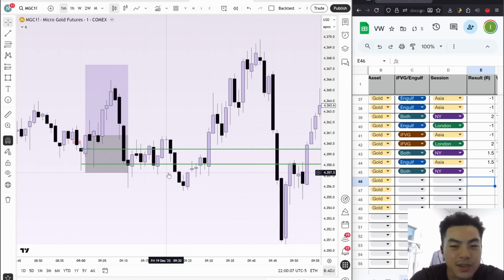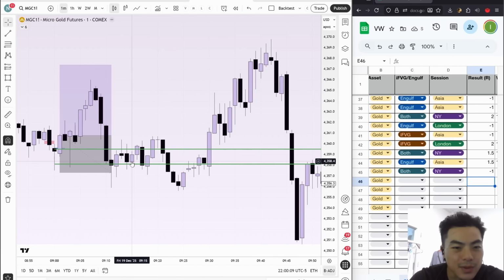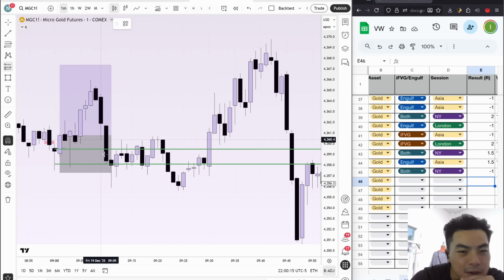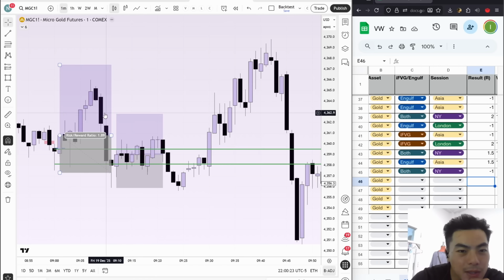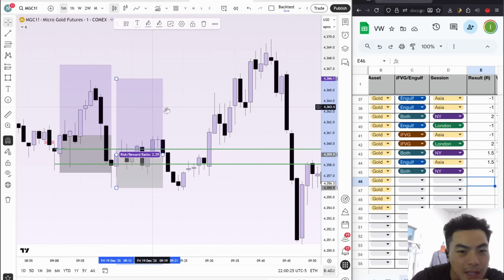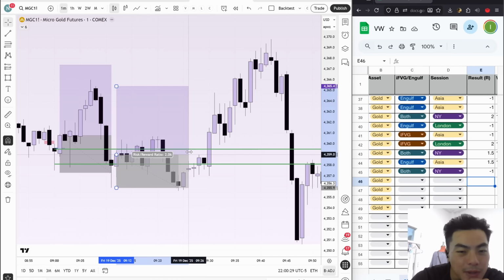You get another chance. So here actually, you get an engulfing candle over the candle that took us underneath the POI. Something like that. Go for 2R. Stopped out.